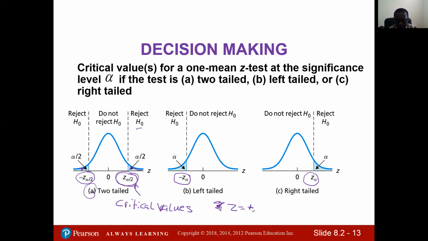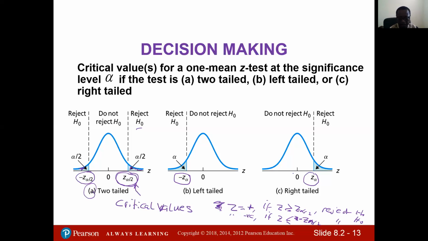If Z, your test statistic, is greater than or equal to positive Z alpha/2, you reject H0. If the test statistic is negative, and Z is less than or equal to negative Z alpha/2, in that case too, you reject H0.